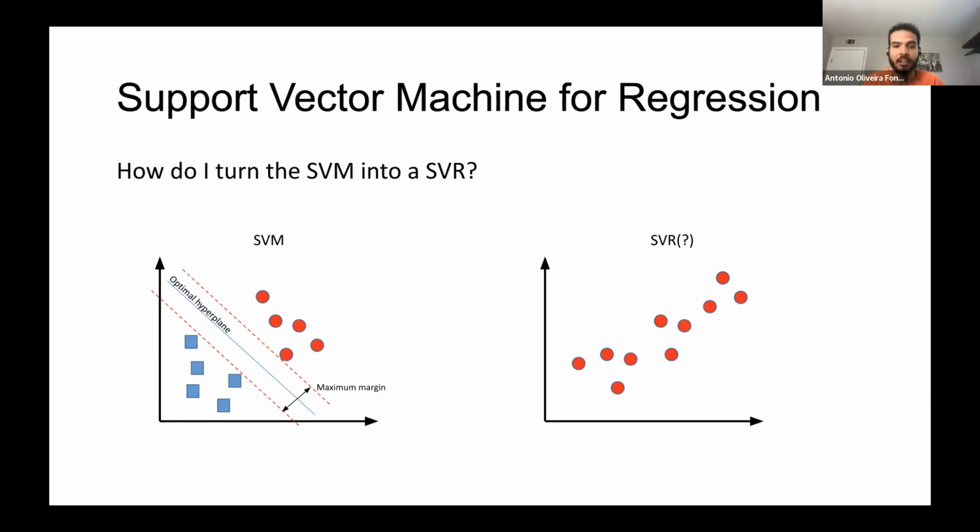And I asked you guys if you had any intuition about how this transition will take place, right? Because here, what we were doing was essentially to use this margin that's given by the support vectors to say that I want these points to be outside of this margin, right? So what should change for me to be able to use the same approach, but for regression now? Could you guys comment a little bit on that? What do you think we should be doing differently in this strategy?